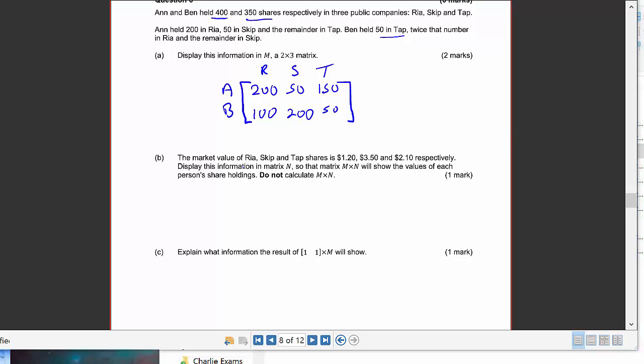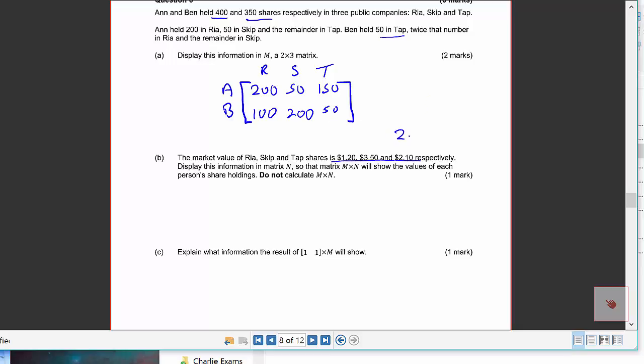The market value of RIA, Skip and TAP shares is $1.20, $3.50 and $2.50 respectively. Display this information in a matrix N, so the matrix M times N will show the values of each person's shareholdings. So we've actually got 3 values here. We have a choice between doing a 1x3 or a 3x1.